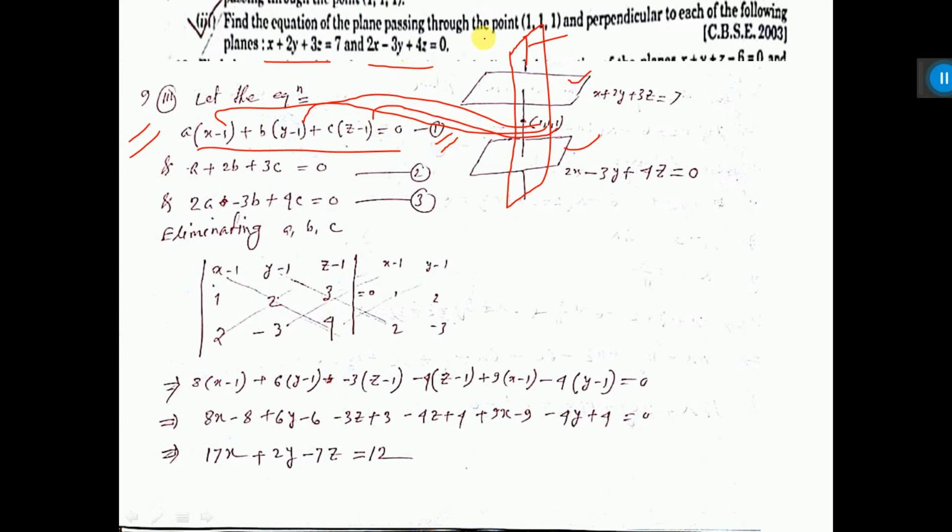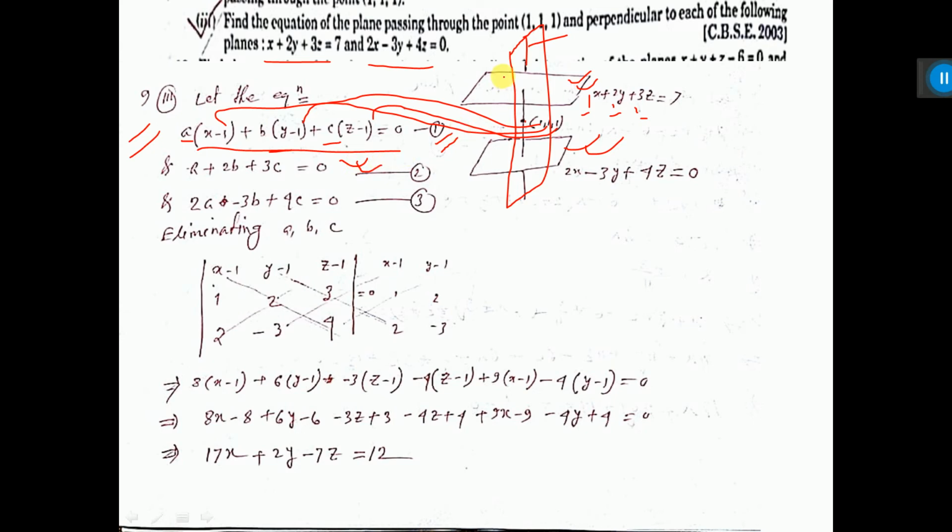And we can tell, since this plane is perpendicular to these two planes, this plane we took A, B, C. So this direction ratio and this direction ratio 1, 2 and 3, you multiply: A into 1 plus 2 into B plus 3 into C equal to 0.